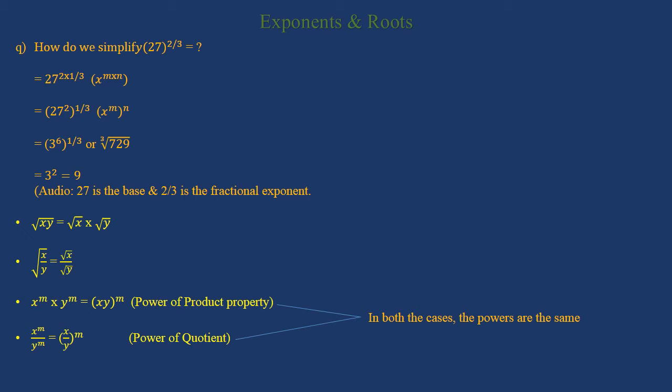Now if we have x^m divided by y^m, you see the powers are the same, right? So we can also write it as (x over y) the whole raised to the power m. This is power of quotient, and in both the cases the powers are the same, right?